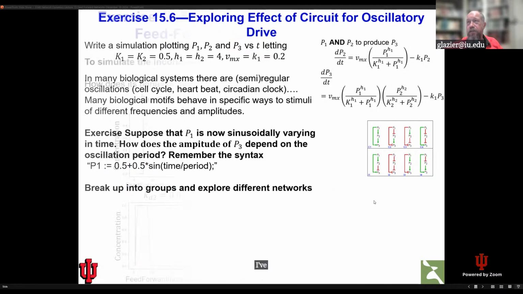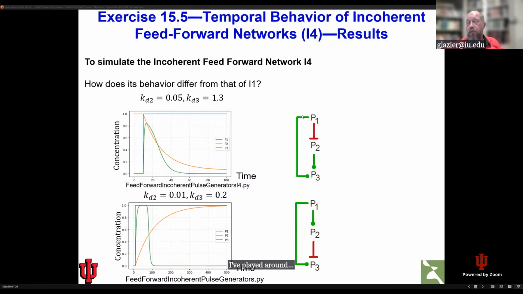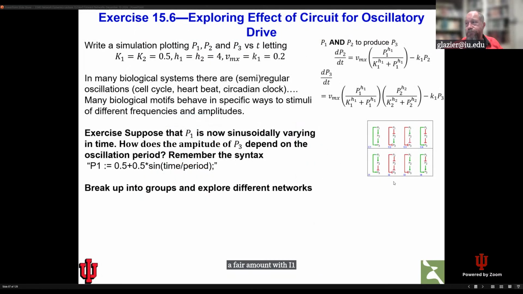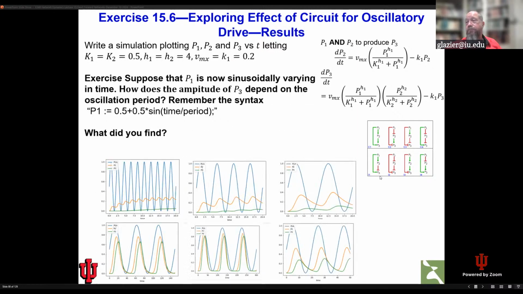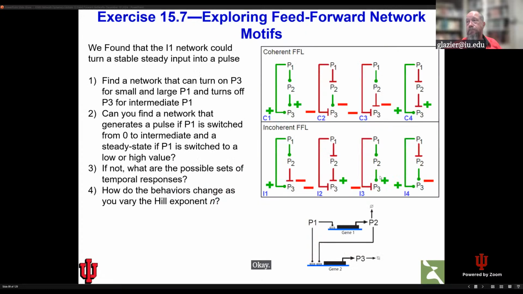I've played around a fair amount with I1 and I4. I've never really played with I2 and I3 very much, so it might be interesting to do that. Okay. So why don't you do that a little bit?